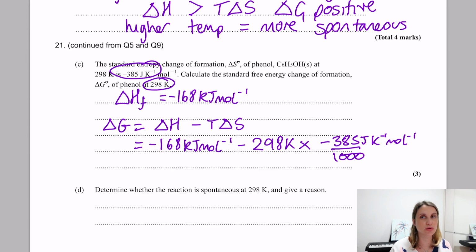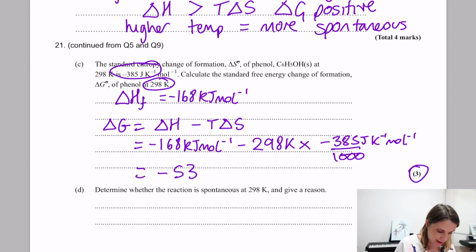Changing this unit is the most common mistake in this type of question, and you get a point for just knowing that the entropy needs to change units. So overall this delta G is minus 53.3 kilojoules per mole.